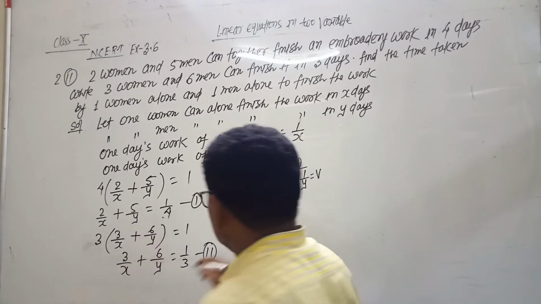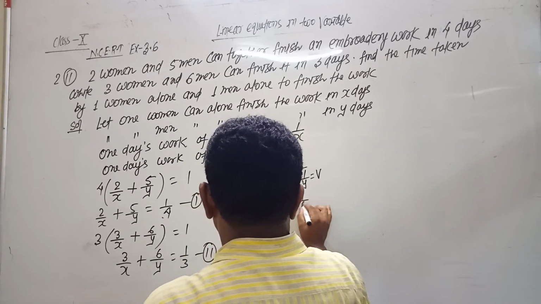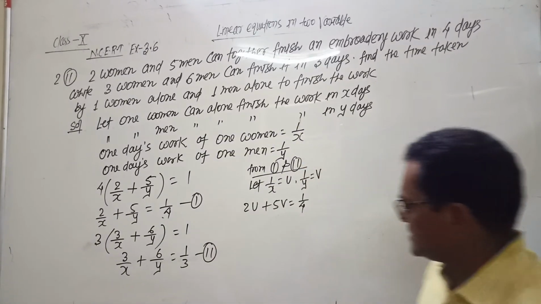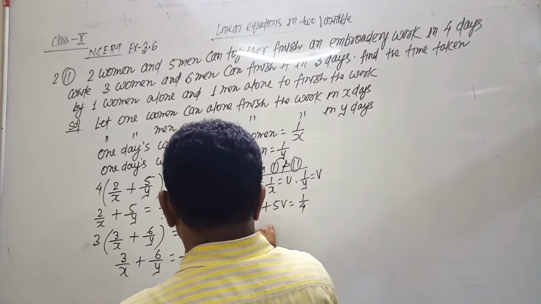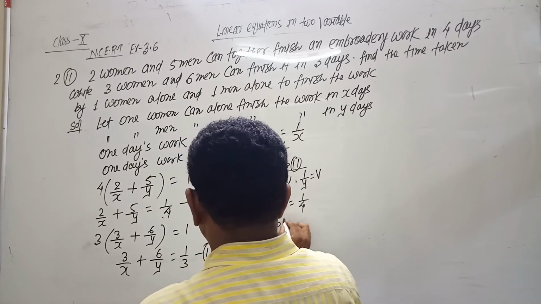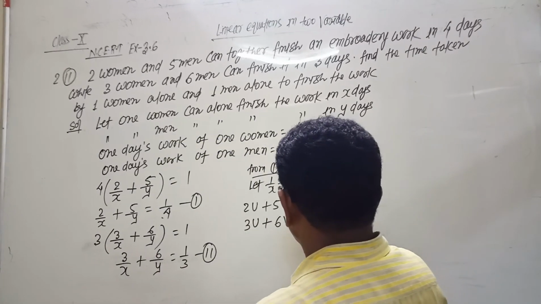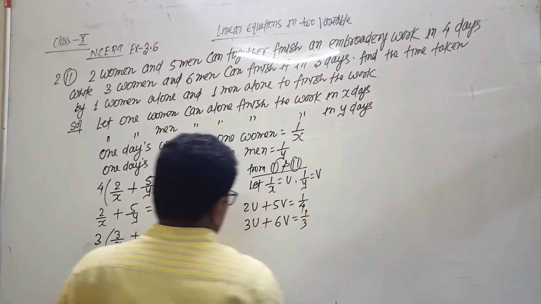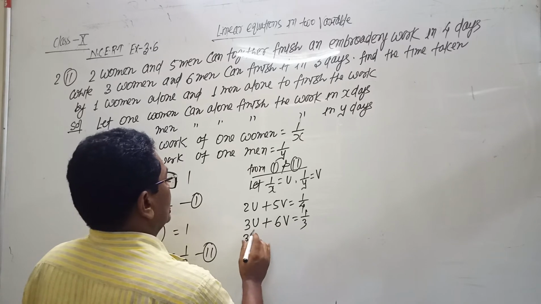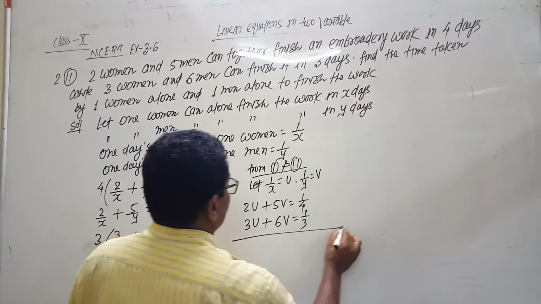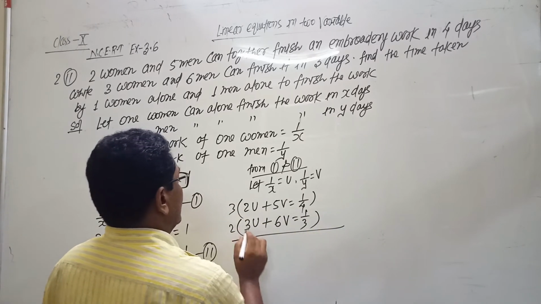So we get 2u plus 5v equals 1 by 4, and from the second equation we get 3u plus 6v equals 1 by 3. No need to take the common, directly multiply this whole term by 3 and multiply this whole term by 2.